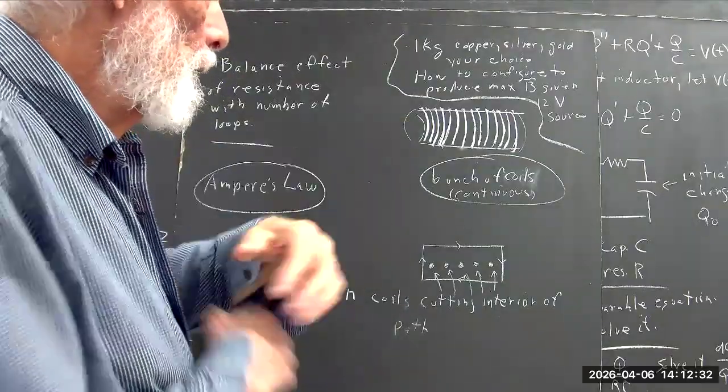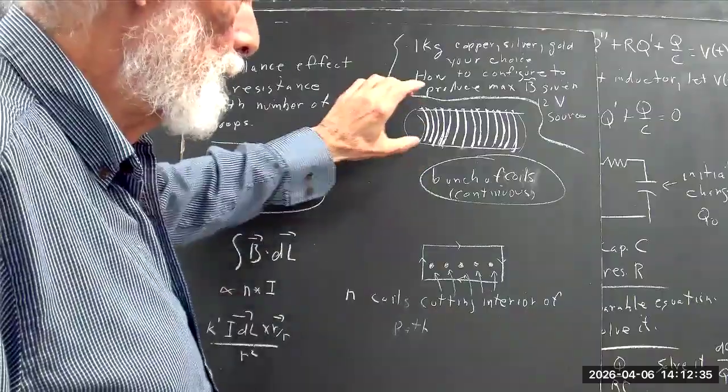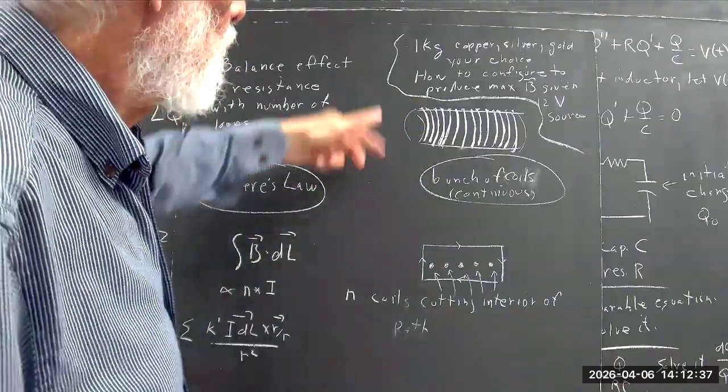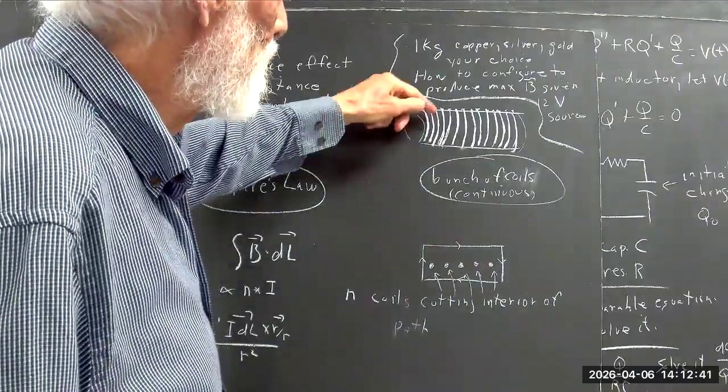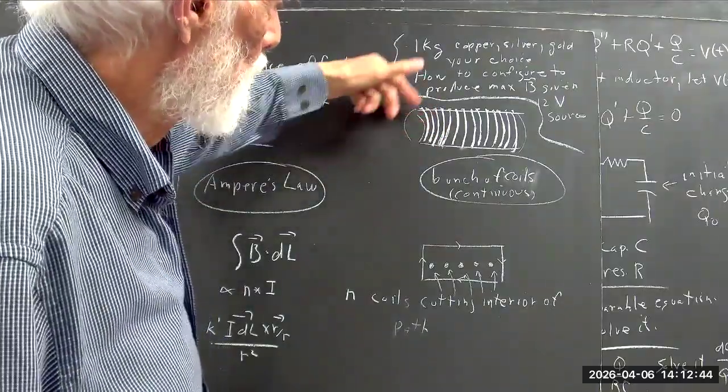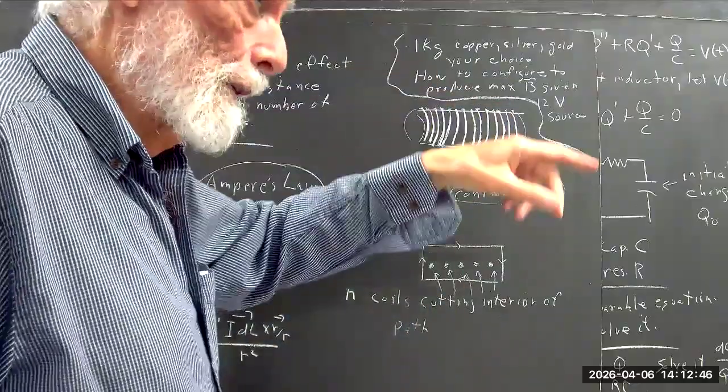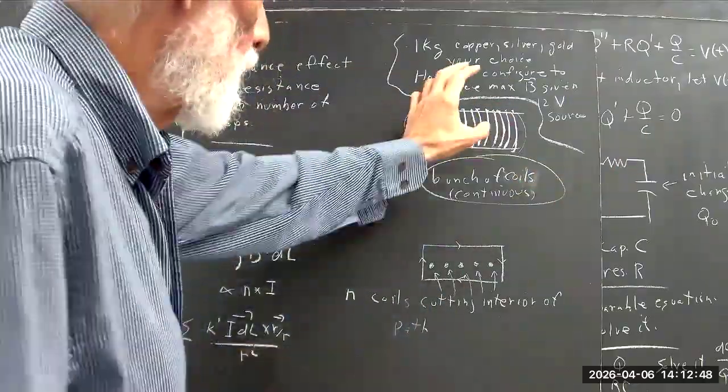We can talk about that later; we haven't talked about that yet. We're looking at just the geometry of this thing. If you've got a bunch of continuous coils, that means these loops go around and they're connected to one another, just kind of a helix, but a very tight helix.